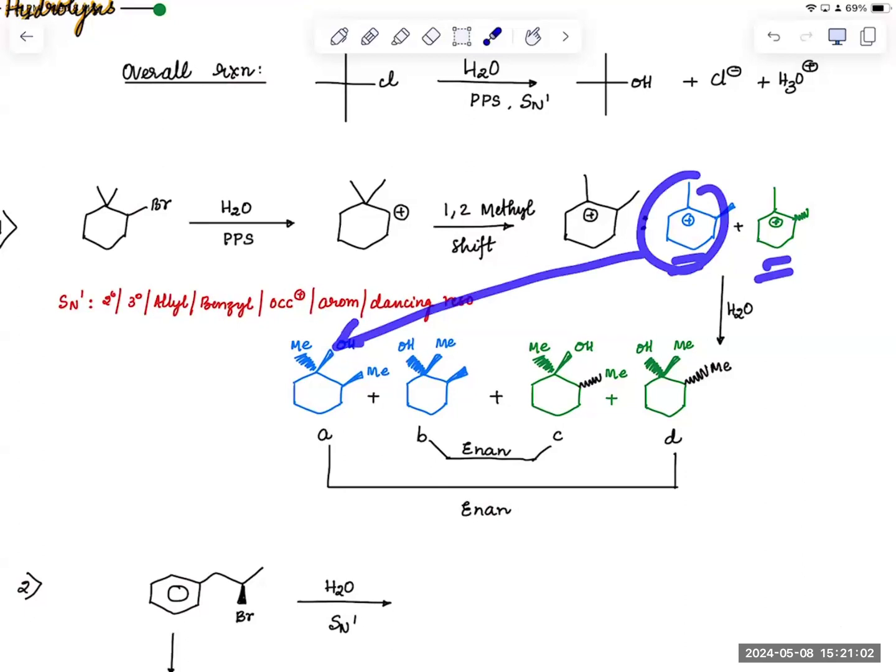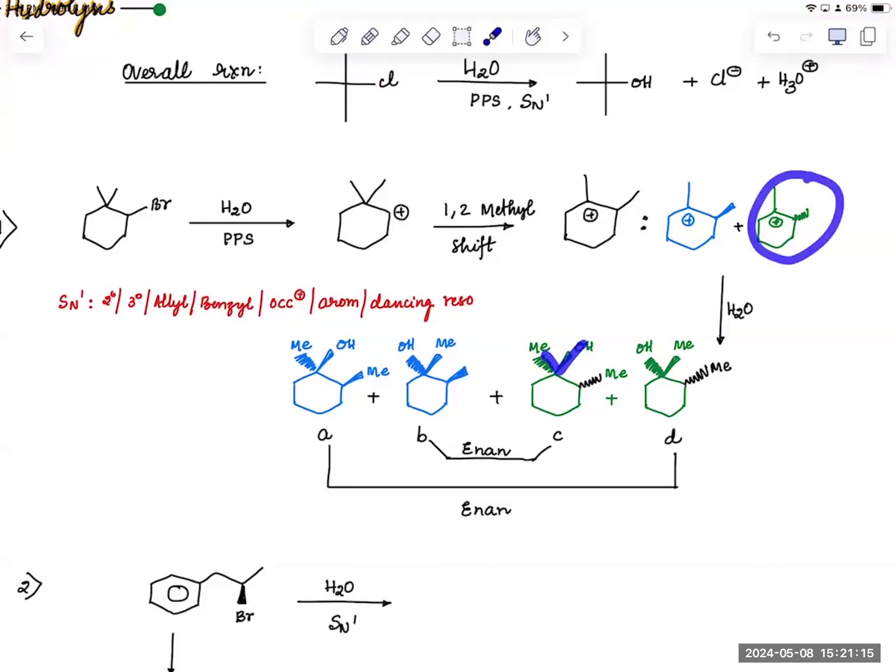This one, if you hydrolyze it, methyl is outward and OH and Me are at a carbocation position. And while if you notice this one, with OH and Me, if I added them, you can see A and D become enantiomers, B and C will become enantiomers. Basically, you will get two enantiomeric pairs.